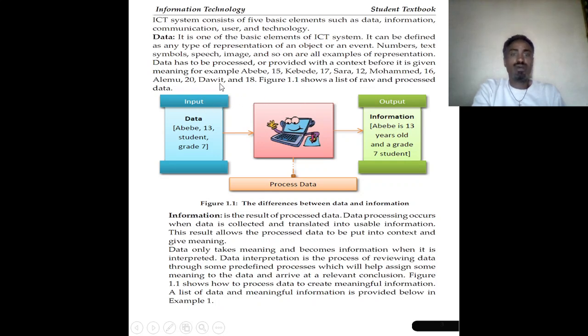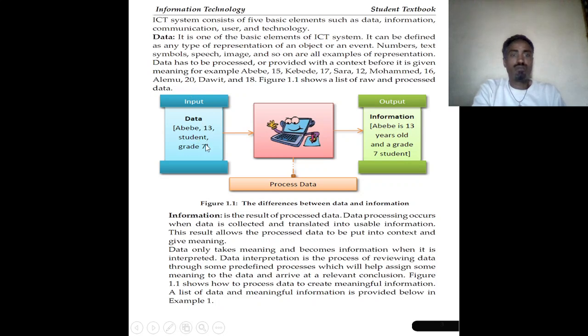Here, these are inputs, or data indirectly. Ababa, Muhammad, 16, Alamu, 20, David, 18, for instance. Ababa, 13, student, grade 7, separated by commas. Ababa by itself is data or input. 13 is data input.